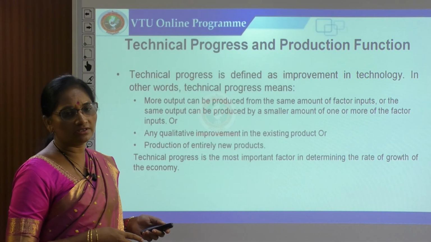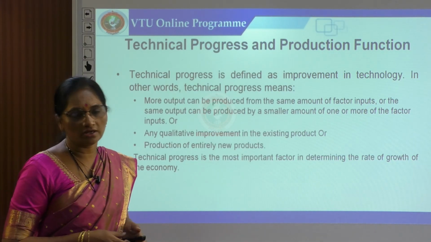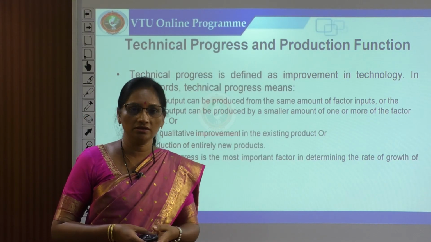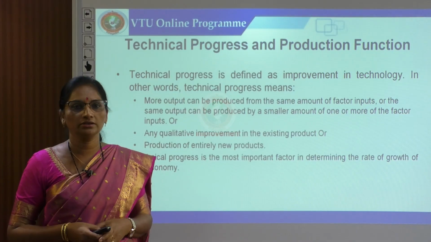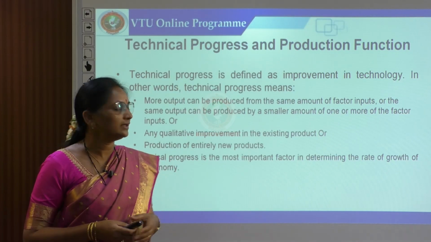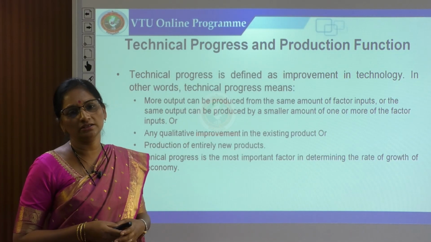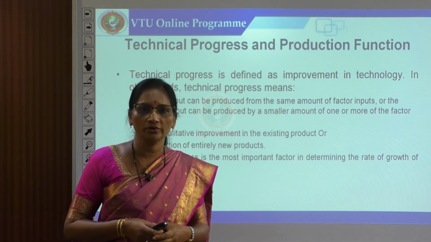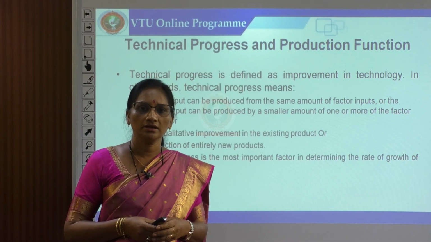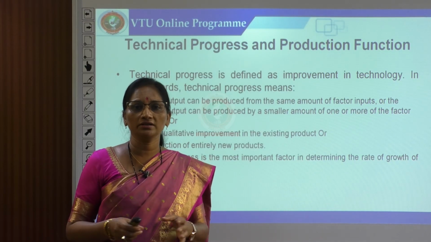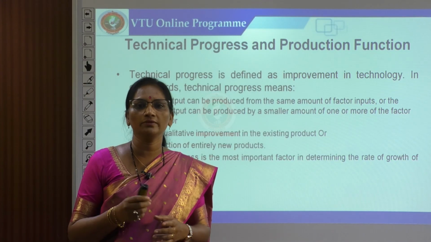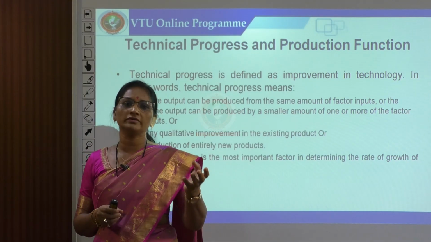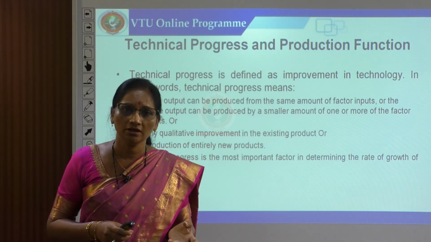Now we need to understand technical progress and the production function. In the current business world, the production area is totally based on technological progress. There is a war for technological progression in all organizations. Whatever extent they want to expand their business, they do it with the help of technology.